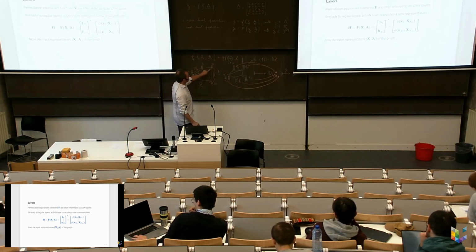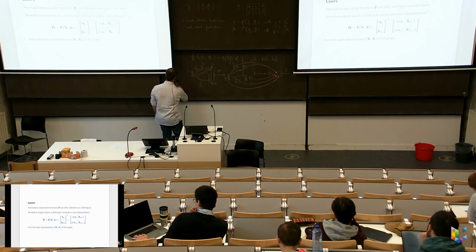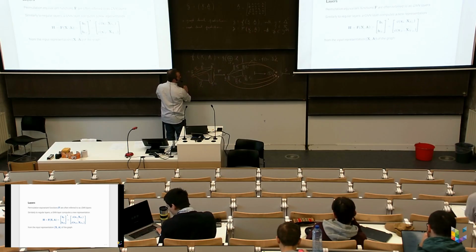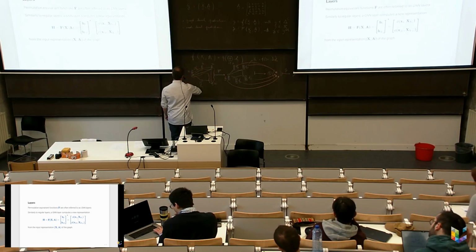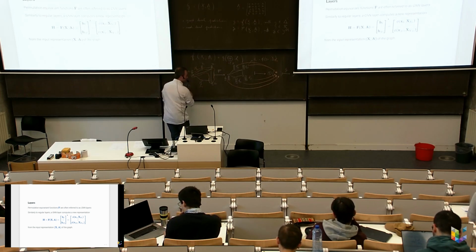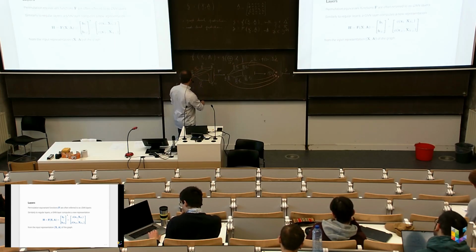So if we look at this one, H2 is a function of X2, F of phi of X2, and then all the nodes in the neighborhood of 2, specifically the feature matrix.